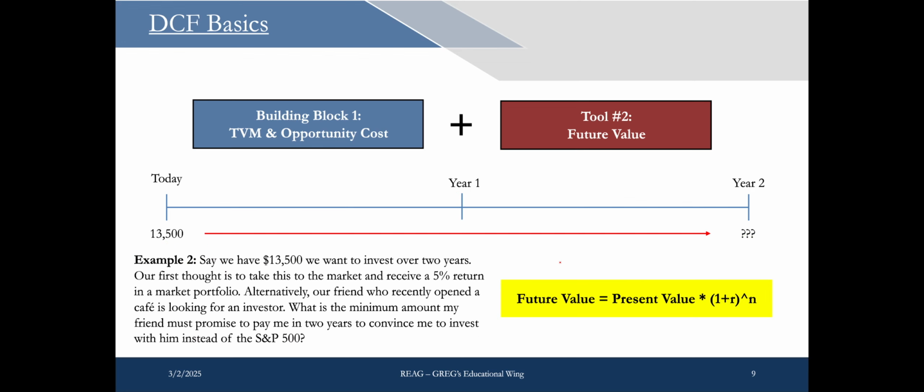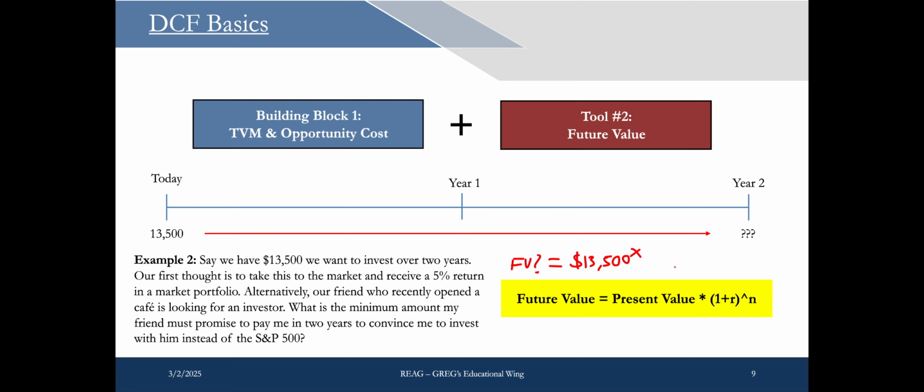So let's go ahead and do that. Future value is unknown in this case. So what we would do is take our present value, which is 13,500. You want to do the math while I do this?